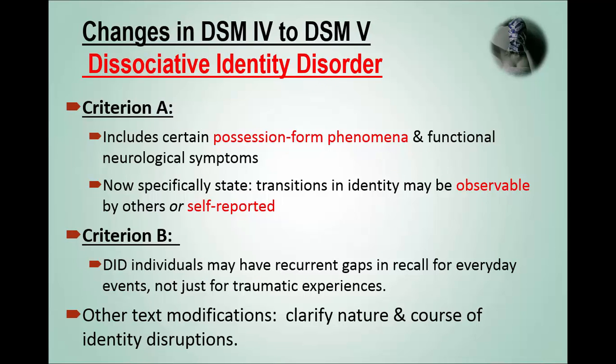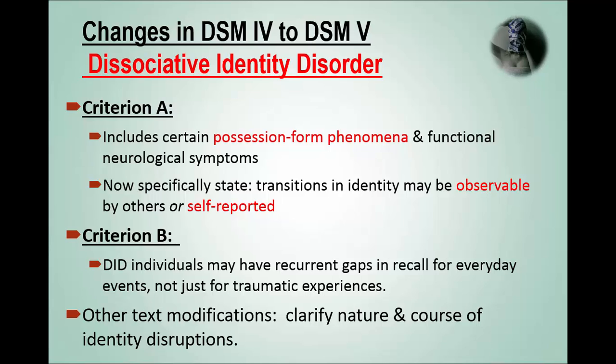The so-called Criterion A for DID, which addresses the identity alteration specifically, has been expanded to include certain possession-form phenomena and functional neurological symptoms to account for more culturally diverse presentations of the disorder. Criterion A now also states specifically that transition in identity may also be reported by other observers as well as the individual themselves.